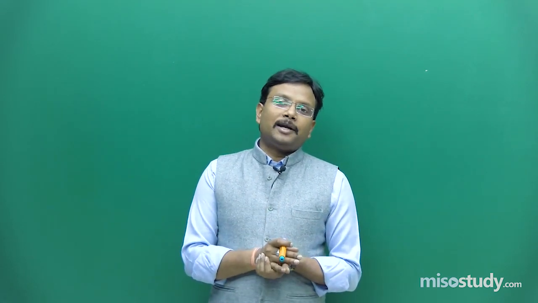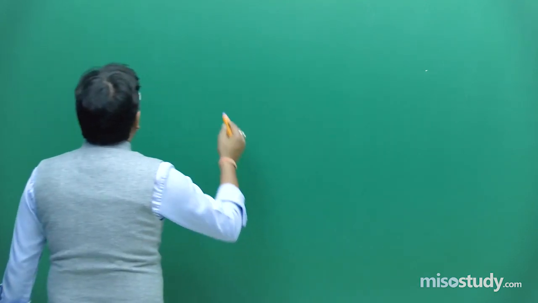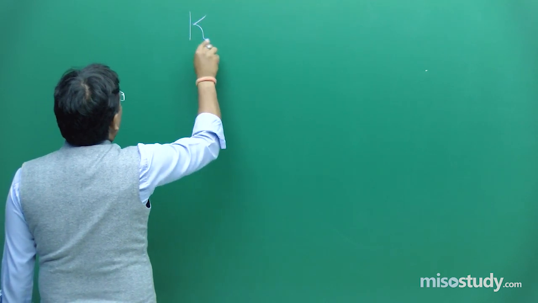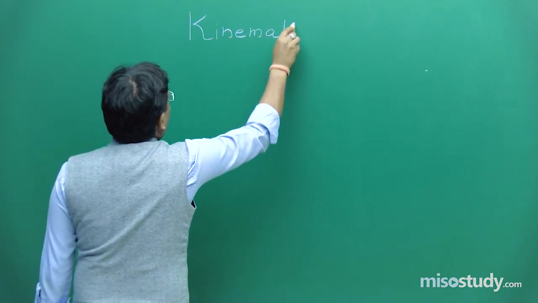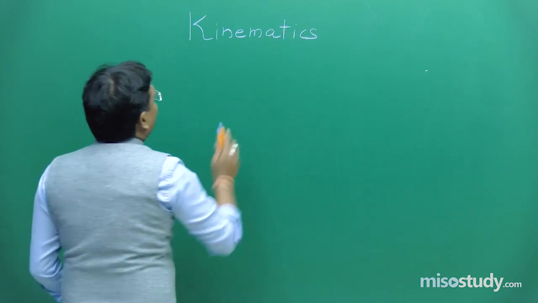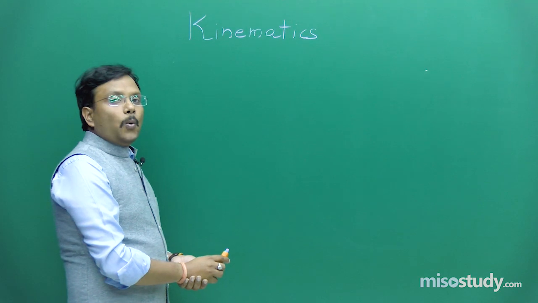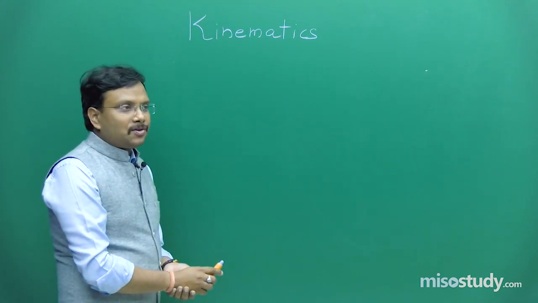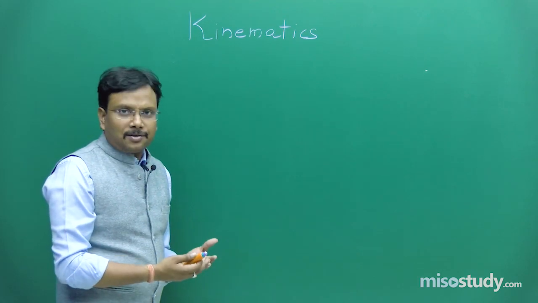So today, as you know, we have already started this chapter, that is kinematics. What we discussed in the previous topic, if you try to recall, were various initial parameters and characters.